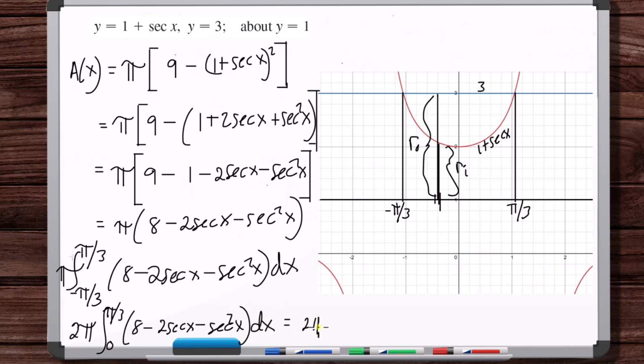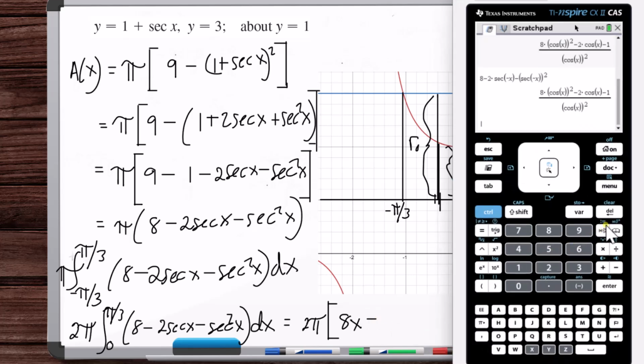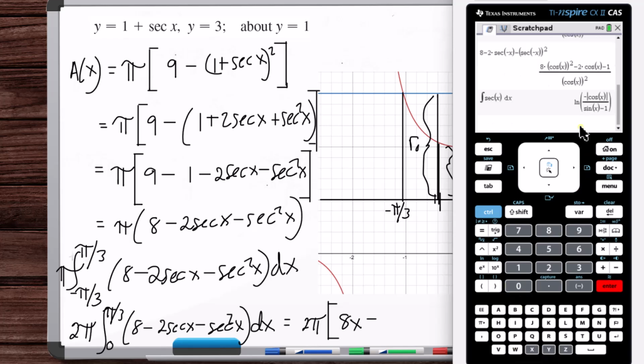Okay, so 2 pi, and we've got 8x minus, what is the integral of secant x? Well, you know what? This isn't a lesson on evaluating definite integrals, so I don't want to waste too much time going through this integral.